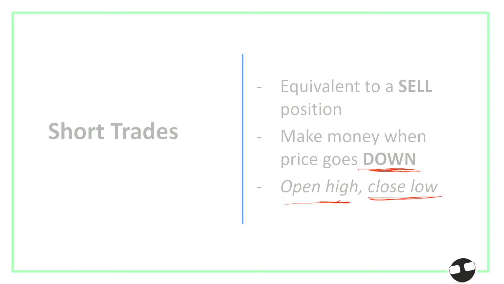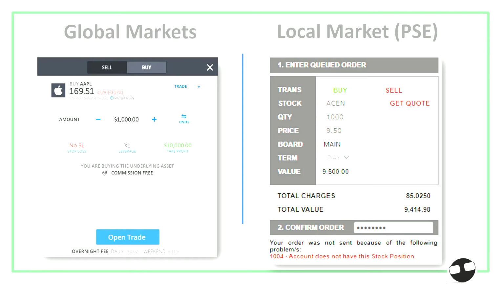So take note of this because these are very different from a long position. But this time we're talking about a short position. So you're making money when the price goes down and you want to open high and close the position at a low price.